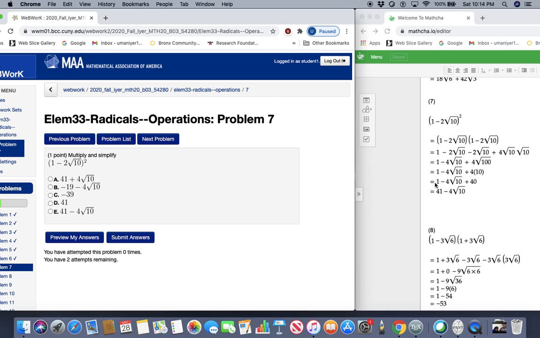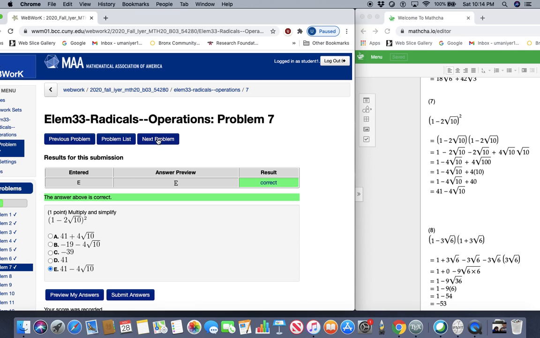So 40 plus 1 is 41. 41 minus 4 square root 10. Next.